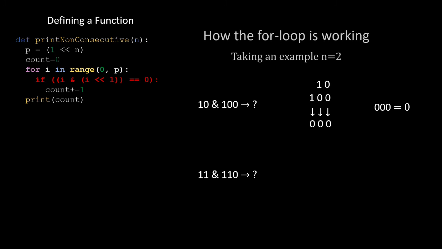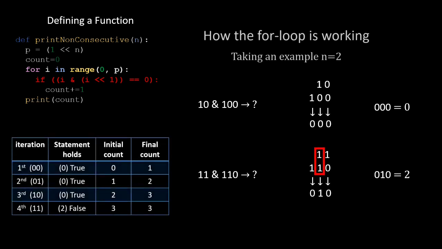So AND operator of that becomes 1 becomes 0, 1 1 becomes 1, 1 0 becomes 0. Now you see, the answer is 0 1 0, and in decimal is 2. Now you do understand that whenever there is a consecutive set of ones, it always gives us a non-zero output.